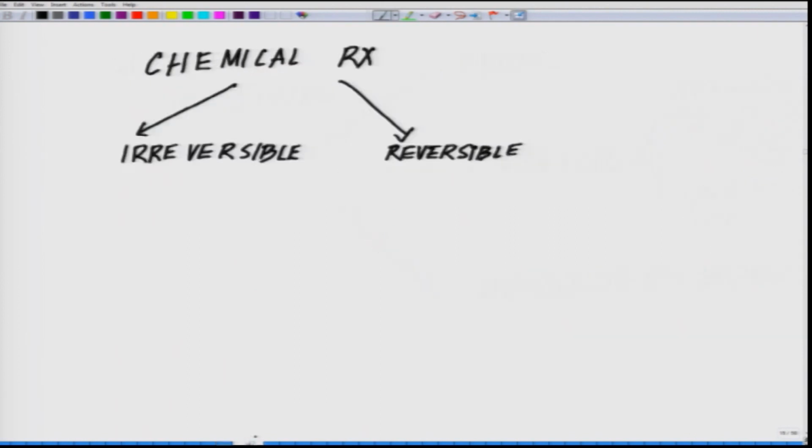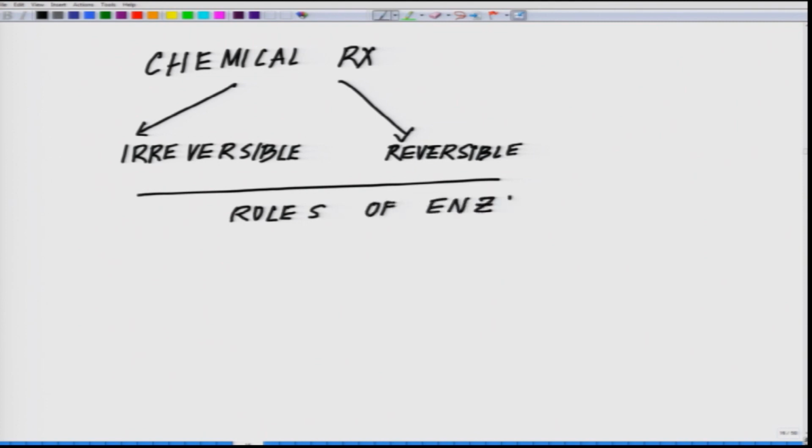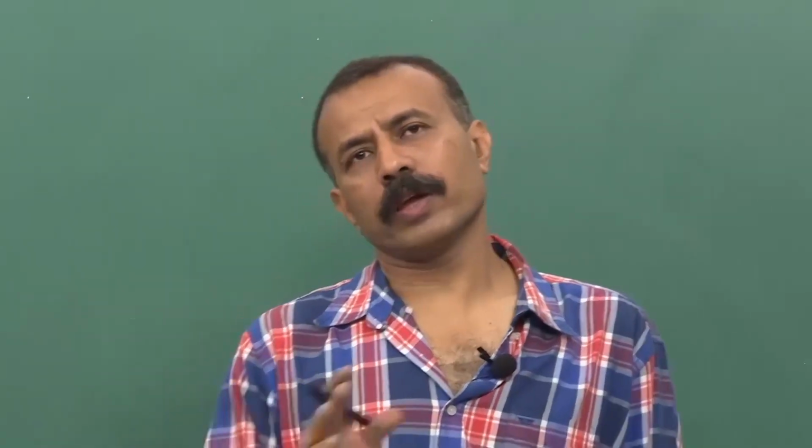Coming back to the next slide, you have a series of chemical reactions, reversible and irreversible, and the roles of enzymes in this process. Of course, we will be talking about specific enzymes like carbonic anhydrase, nitrogenase, and a series of them as I move through.